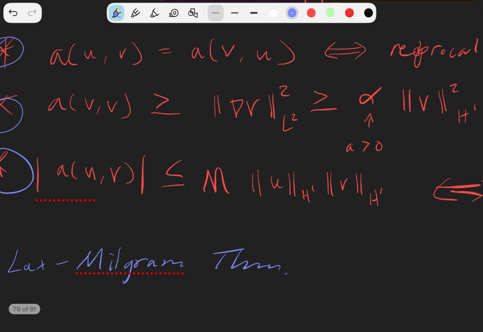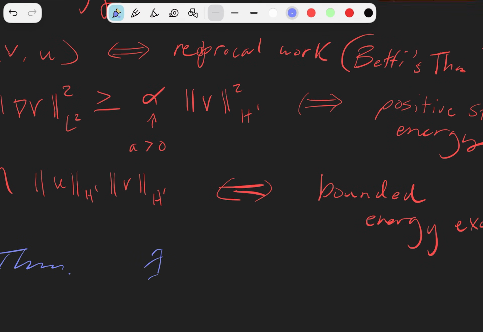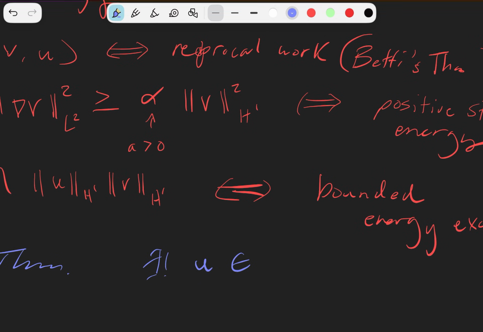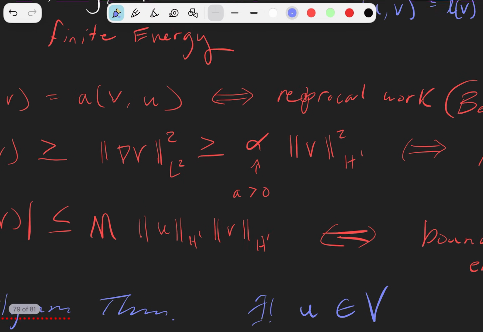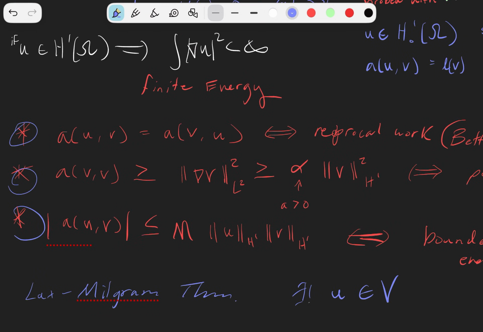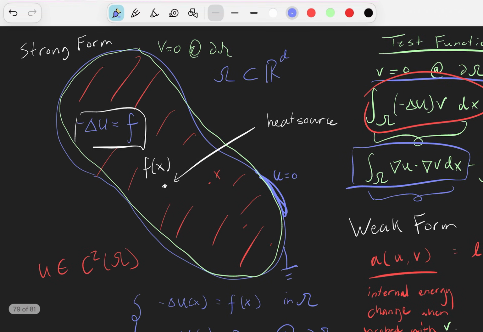And the Lax-Milgram theorem guarantees that there exists a unique weak solution in the vector space, or in the Sobolev space, and you can think of this as a mathematical translation of: a stable equilibrium exists and is unique.